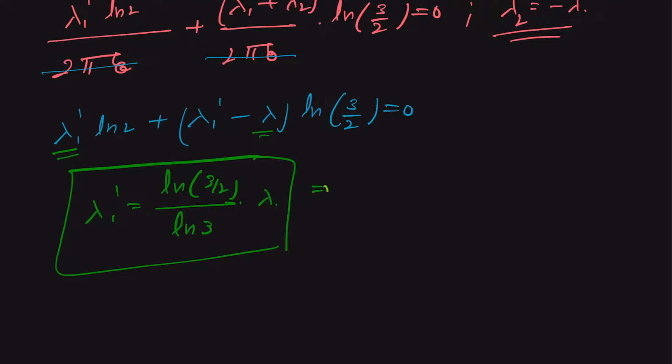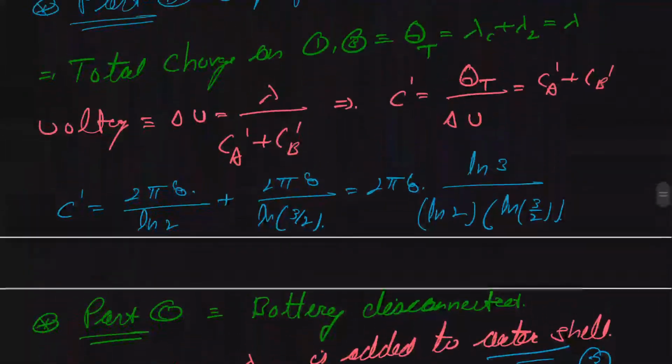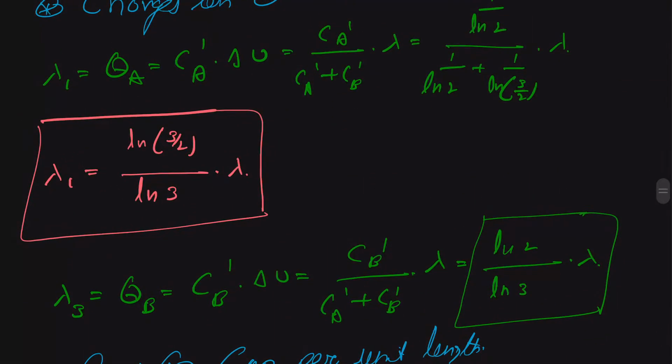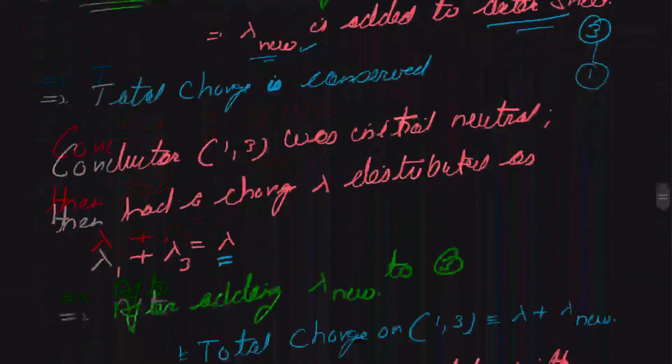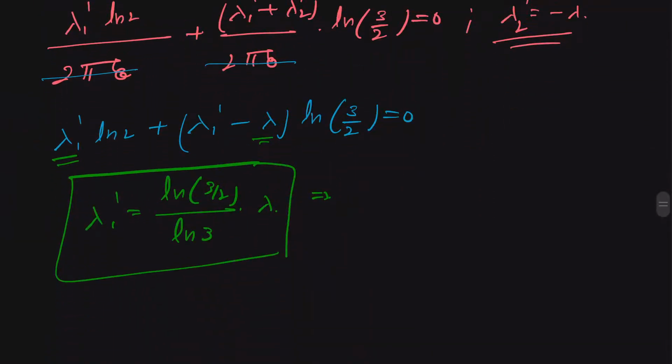We already calculated the charge on shell 1, and this was our charge on shell 1. So it is the same. It means when we added a new charge on shell number 3, which was connected with shell number 1, the new charge on shell number 1 is the same.